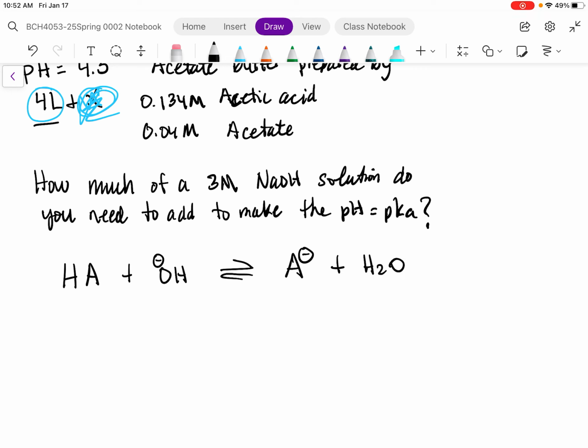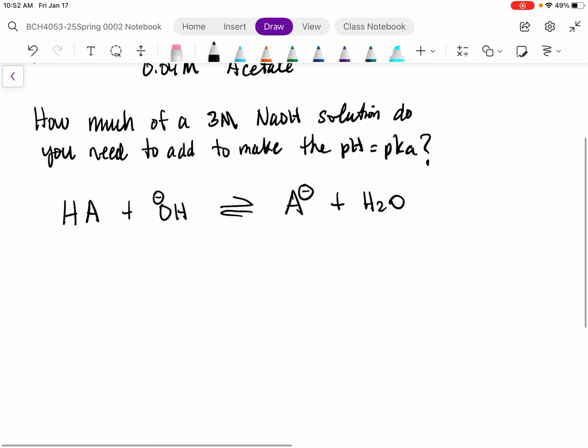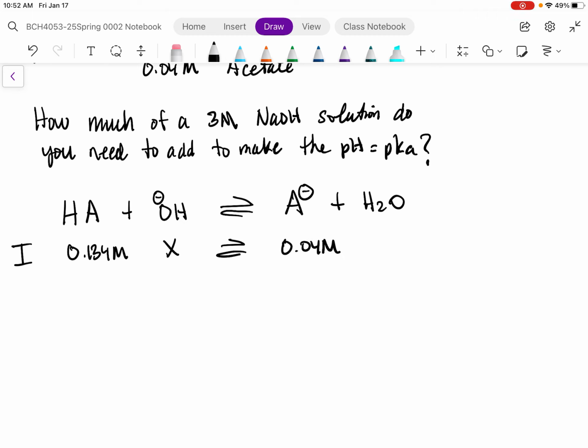So we set up our equation, and then let's start with the initial. Do an ICE table here. Initially we have 0.134 molar of the acid. We're going to add X amount of our base to that solution, and then we started with 0.04 molar of that, and we don't need to worry about water, right?